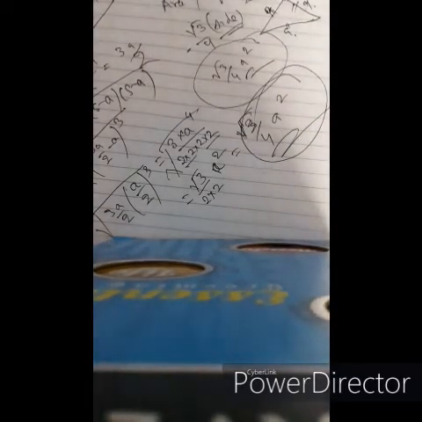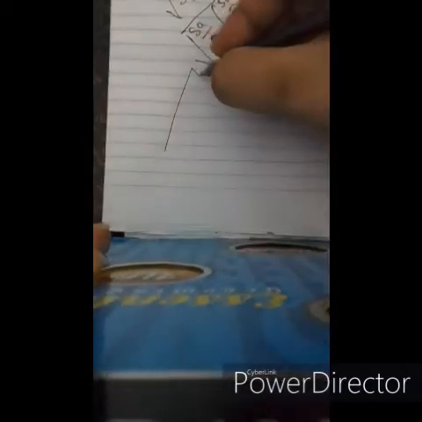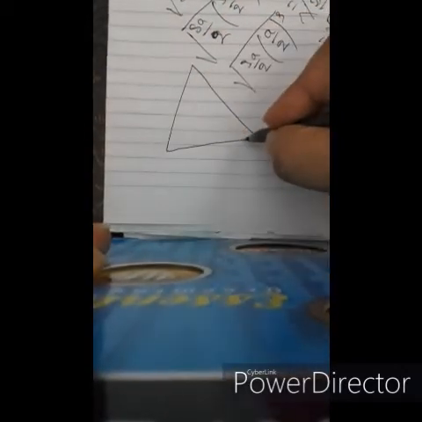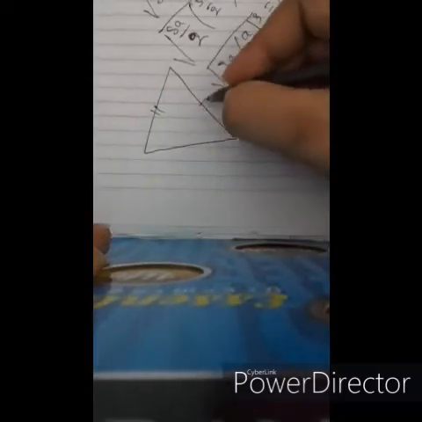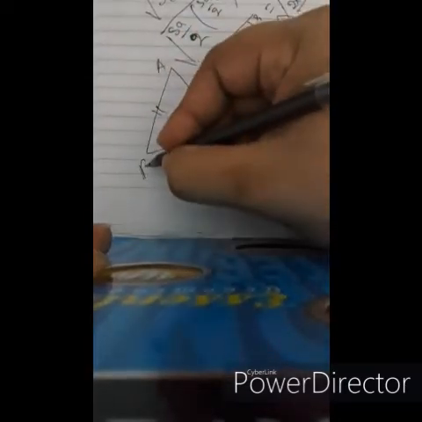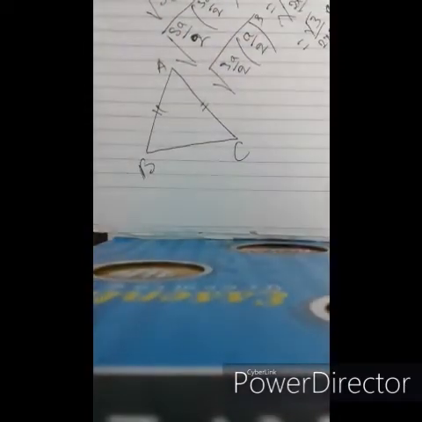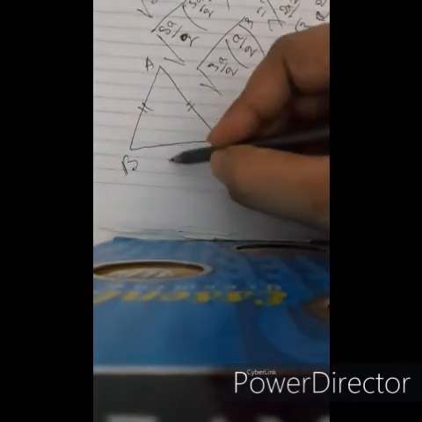Also remember the area of an isosceles triangle. An isosceles triangle is a triangle which has two sides equal, and the third side is not equal. This is the base.